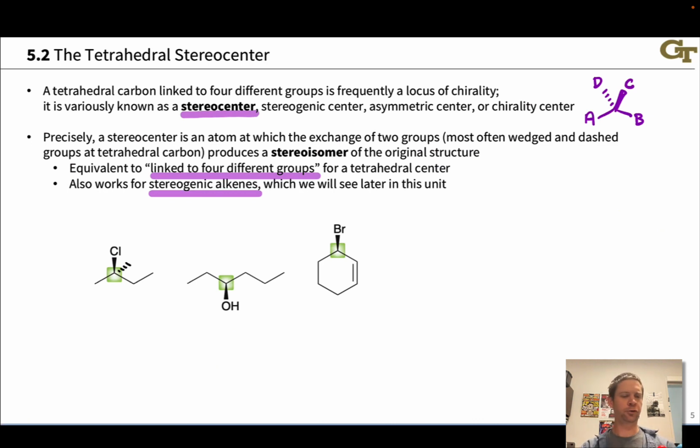But let's dig into what the stereocenter means at a tetrahedral carbon linked to 4 different groups. One thing that I want to return to with these models is, again, reiterating that these are not the same. The 2 mirror images we generated are not the same. But if I exchange 2 of the groups, for example, if I exchange the black and white groups at this carbon, which I'm going to do, we'll notice that something interesting happens here.